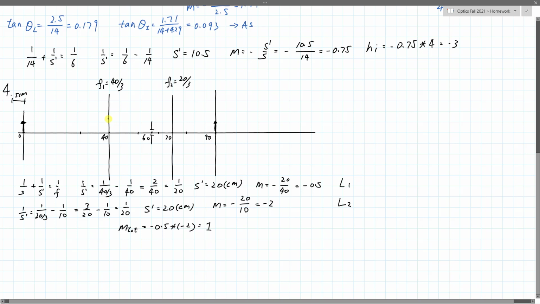I'm just going to draw this arbitrarily because the scale will never work if I draw to scale. So 1 centimeter. And here is a diameter of 0.5. Opening 0.5, so half of it is 0.25 centimeters. And the other lens, lens 2, also has a diameter of 2, so 1 centimeter in radius.